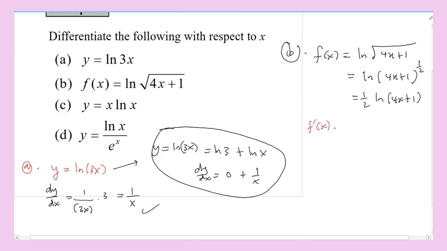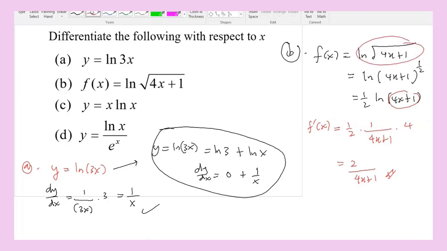This is constant. This all darjat turun, 4x plus 1. Differentiate 4x plus 1 is equal to 4. Dia dapat 2 over 4x plus 1. Settle. Let's say kalau you okay, so you just direct kat sini.